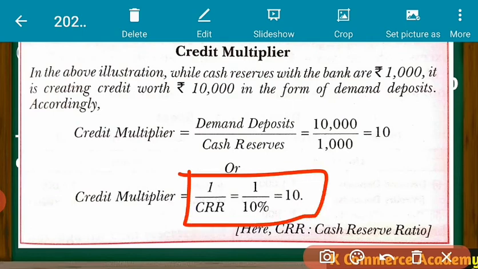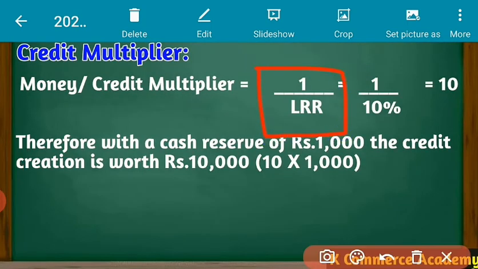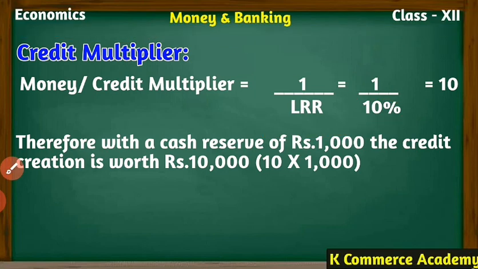Another formula for credit multiplier is 1 upon LRR, and whatever will be the percentage of cash reserve that has to be kept will decide how much will be the credit multiplier. Now, the percentage of cash that has to be kept decides the credit multiplier, and opposite to it decides the deposit multiplier.